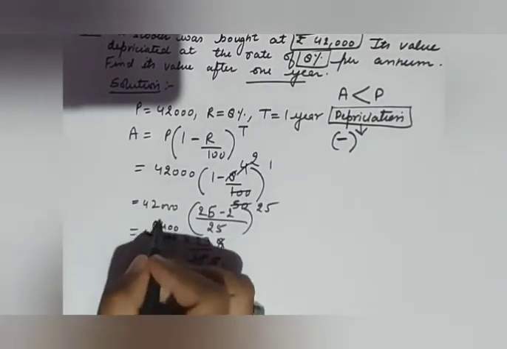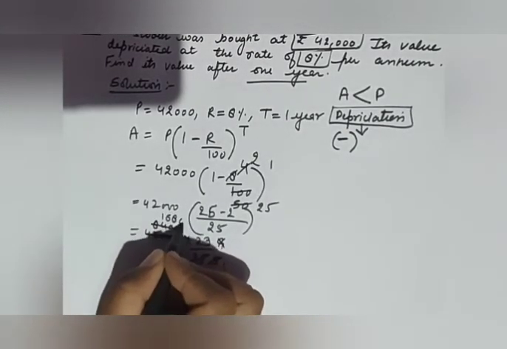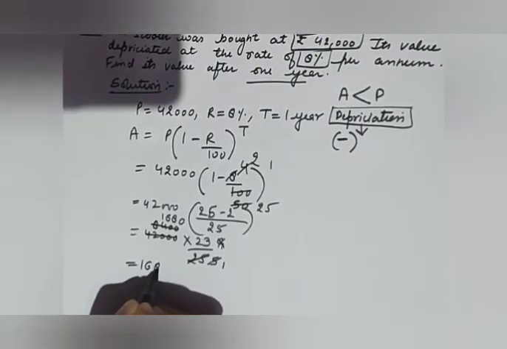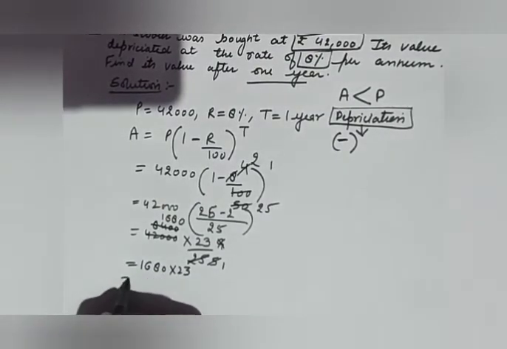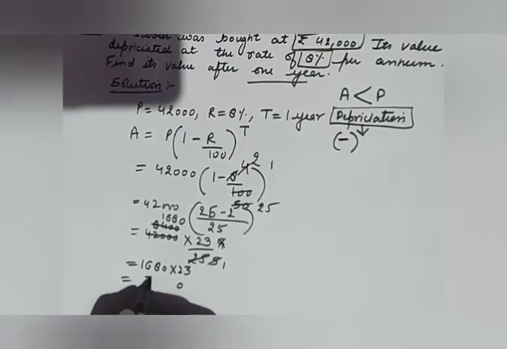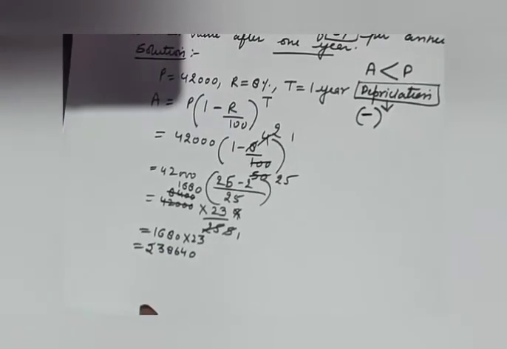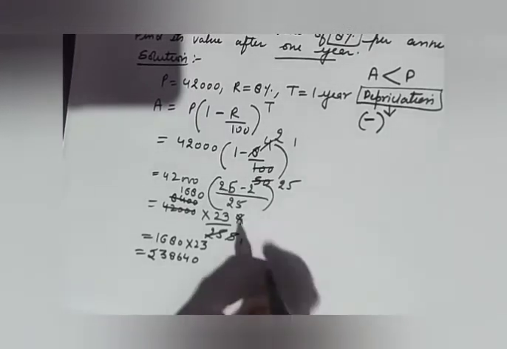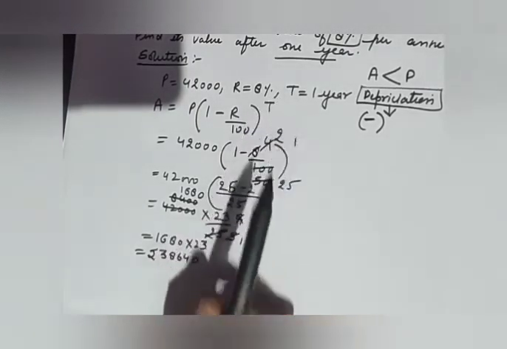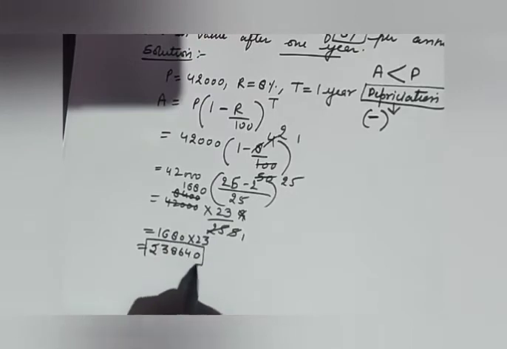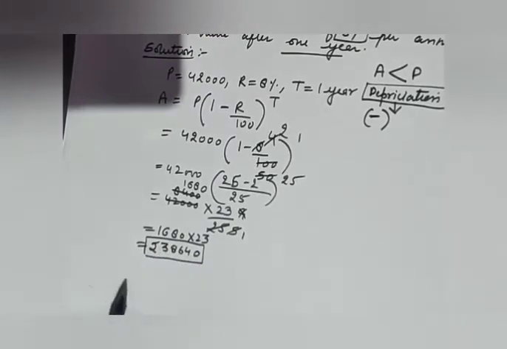So 5 ones 5, and this is your 1680. So 1680 into 23 will be giving you how much? It will be giving you 38640. So it means beta, if you have paid 42,000 for the scooter, after 1 year the cost of scooter will be only 38,640 here. Why? Because this is due to the depreciation.